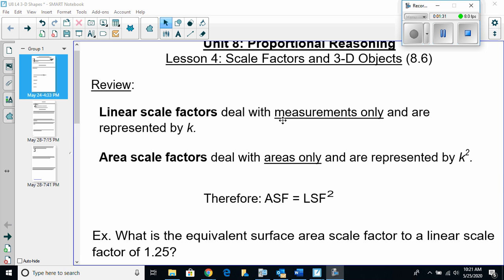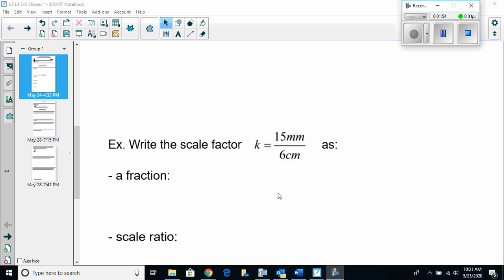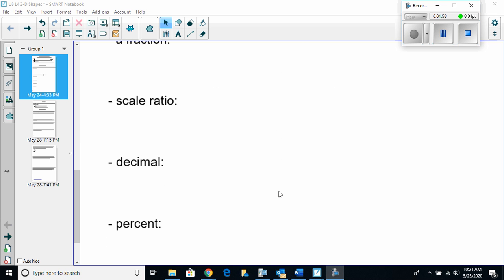So the scale factor, be it a linear scale factor or a 2D scale factor, is always represented in three forms: as a fraction, as a ratio, and as a decimal, and sometimes as a percent.